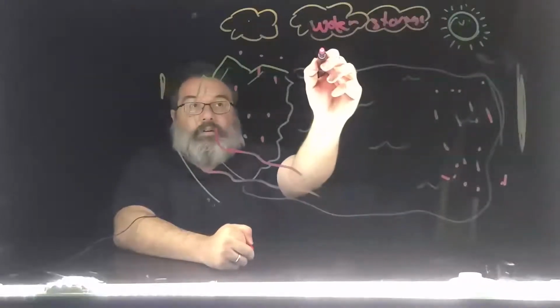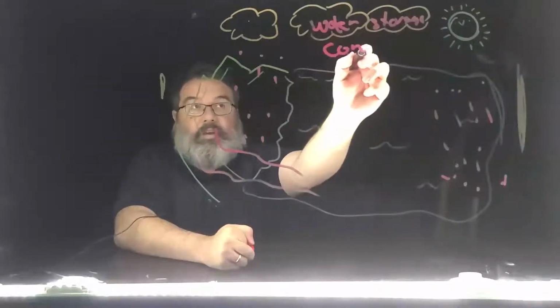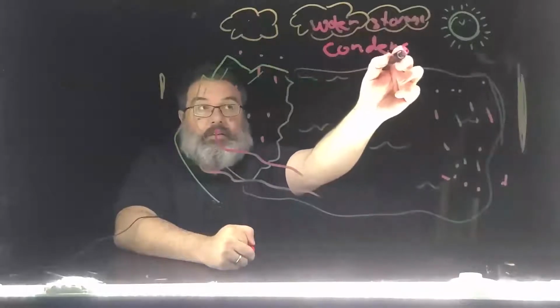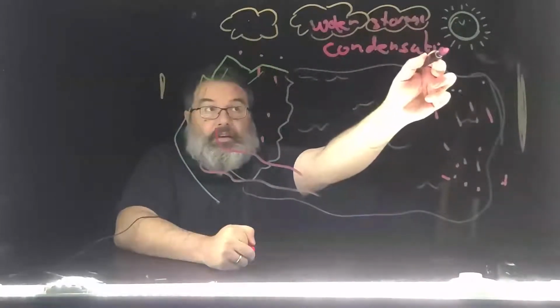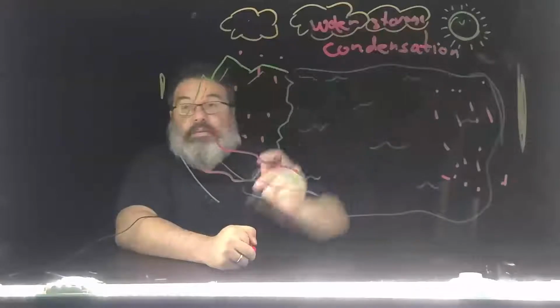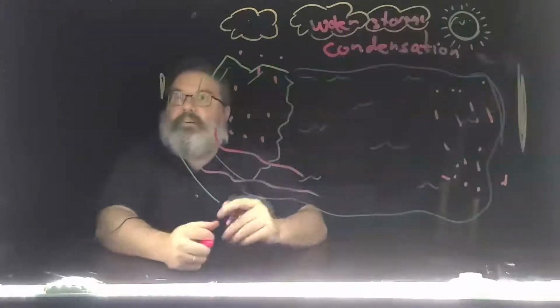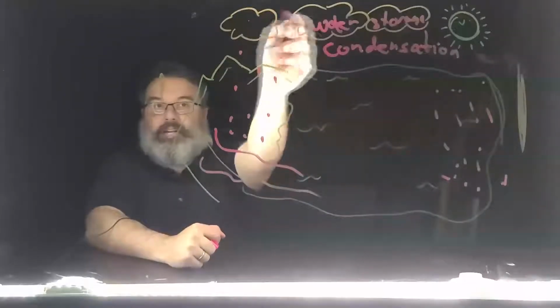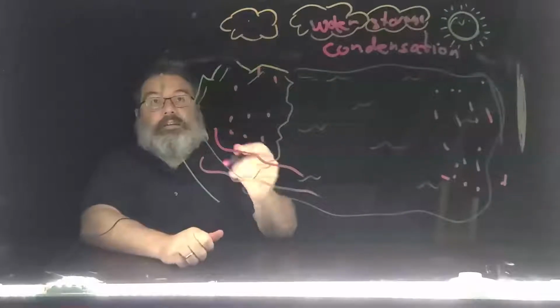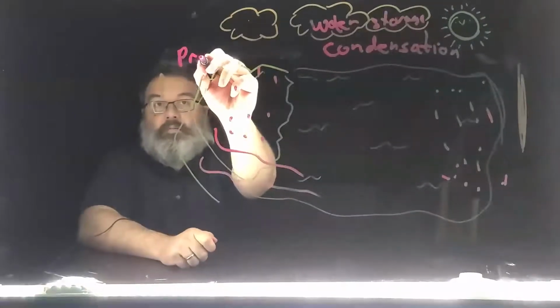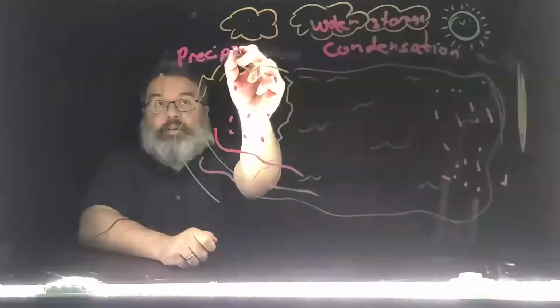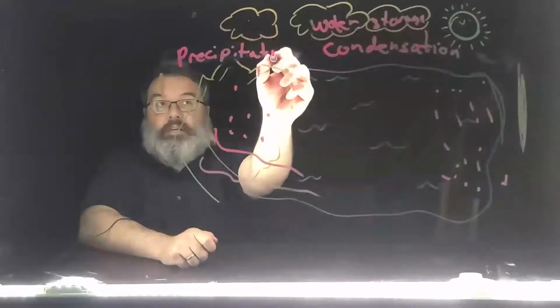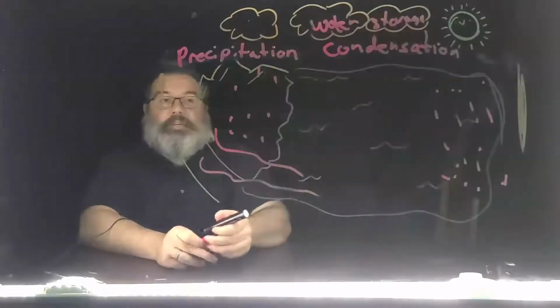Then in the atmosphere it will condense, condensation, to form clouds. Then it comes back down from the clouds in the form of precipitation.